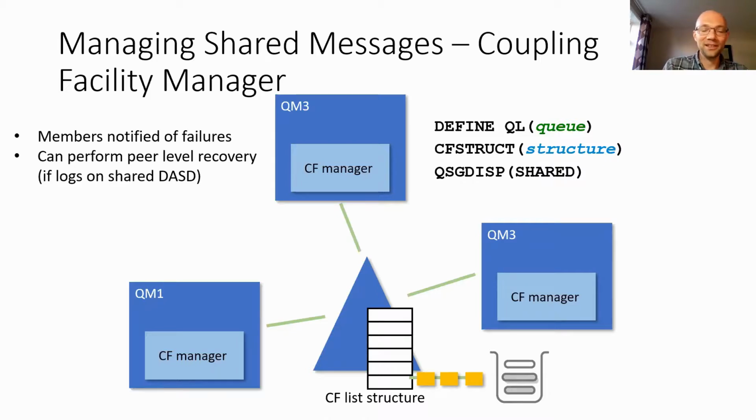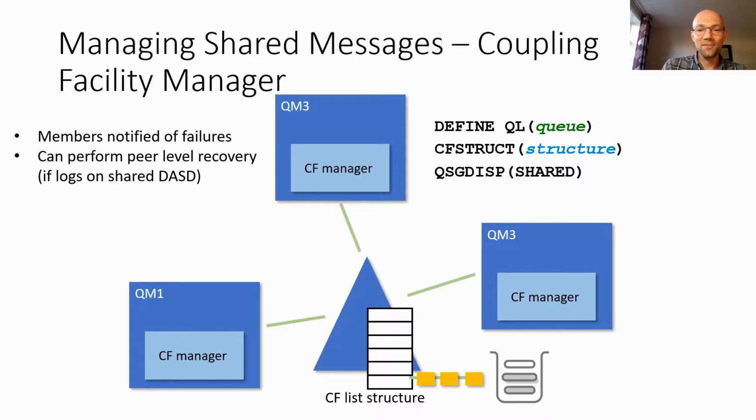And the way that's implemented is that MQ makes use of the coupling facility, which is essentially a special piece of software that runs on the Z hardware. It's able to provide various functions to make it a lot easier for applications such as MQ and other exploiters to use the coupling facility to share data.